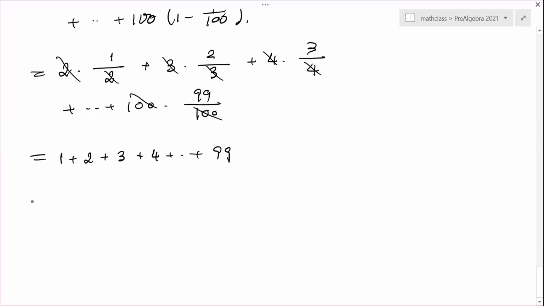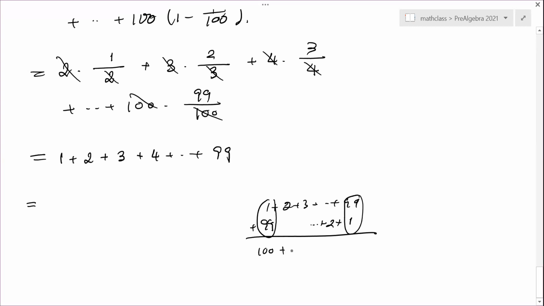Well, the trick is, there's a formula: the first term plus the last term, divided by 2, and then multiplied by the number of terms. But we can also do it this way: 1 plus 2 plus 3 all the way to 99, and I reverse the order, starting with 99. When I add them together vertically, each pair is 100, 100, 100.